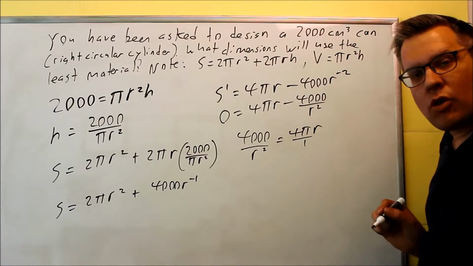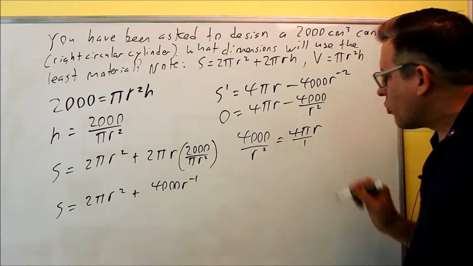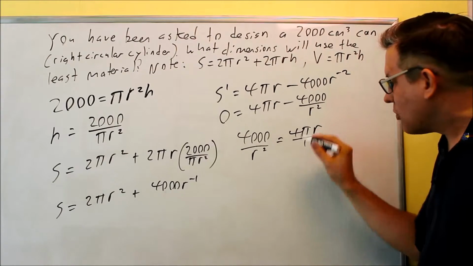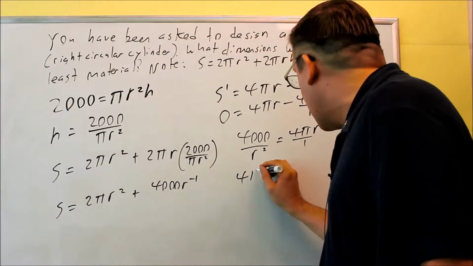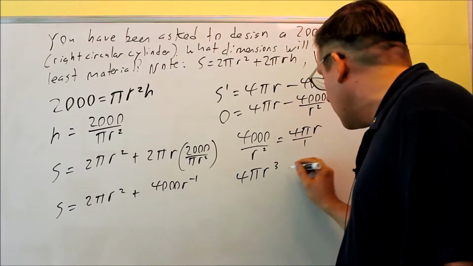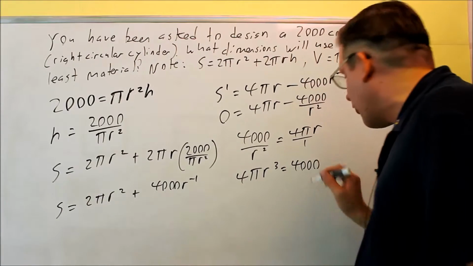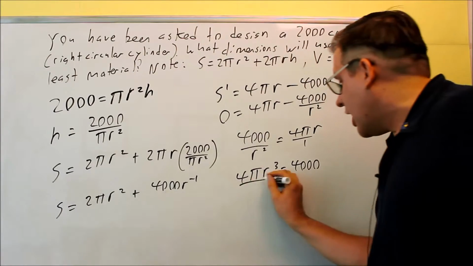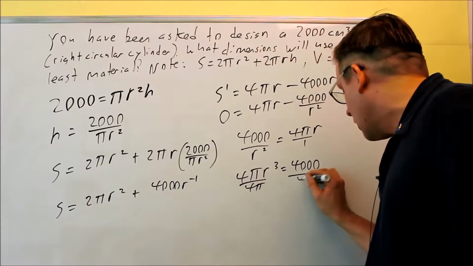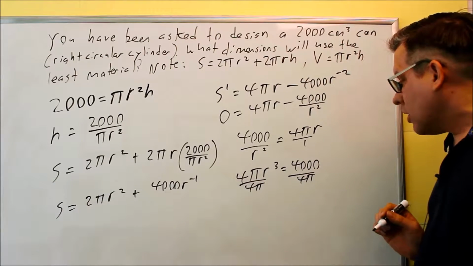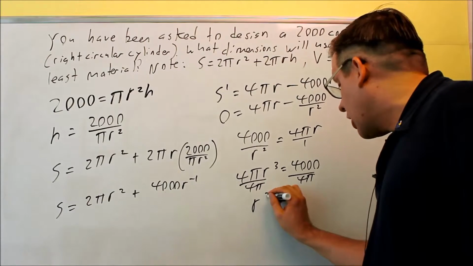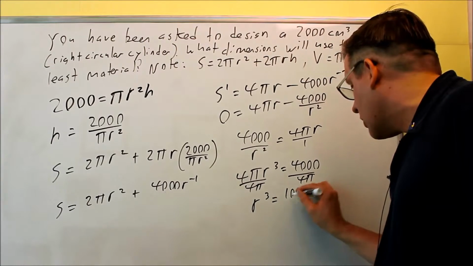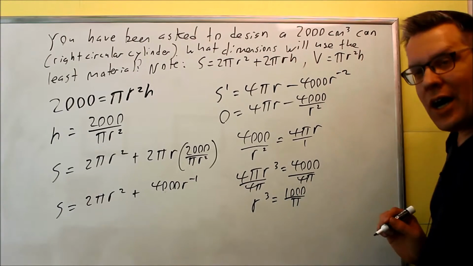So then we're going to be doing some cross multiplying here, which is the easiest way to solve that one. Okay, so if we cross multiply, 4 pi r cubed equals 4,000. We're going to divide both sides by 4 pi right here, and you'll get r cubed equals 1,000 over pi.